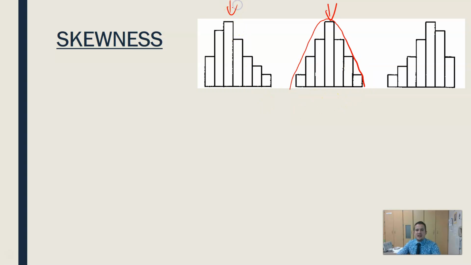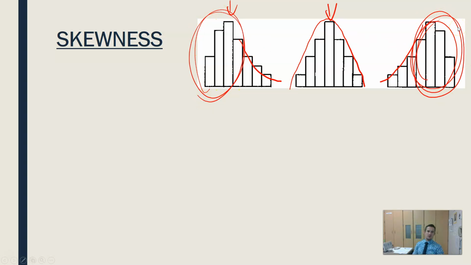But if I look at this graph, notice how if I were to fold it down the middle, it wouldn't quite fold in half. There's almost like a little tail over on this side. On this graph, I have a little tail over on this side. So it's not really symmetric, it's skewed to one side. There are more data values over here on the left-hand side, or in this case, more data values on the right-hand side, and then there's less over in this little tail. See that?